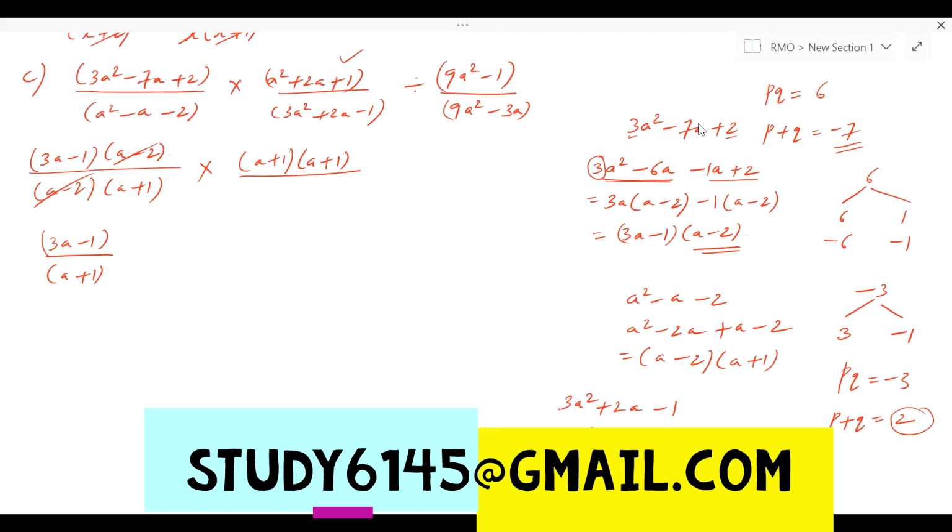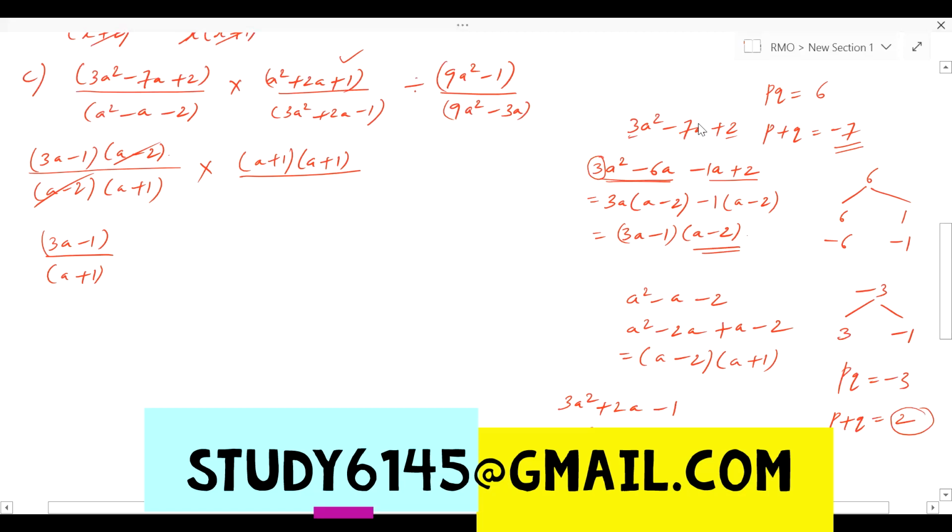Now we have to factorize the first two, so we can write 3a and then a plus 1.